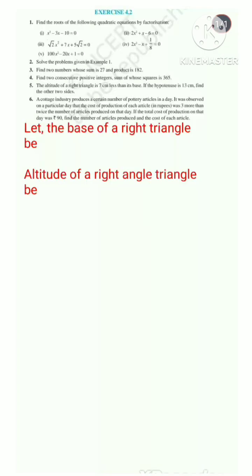Okay, now question number 5, and the question is, the altitude of a right triangle is 7 cm less than its base. If the hypotenuse is 13 cm, find the other two sides. Okay, firstly, let's make a right triangle over here.